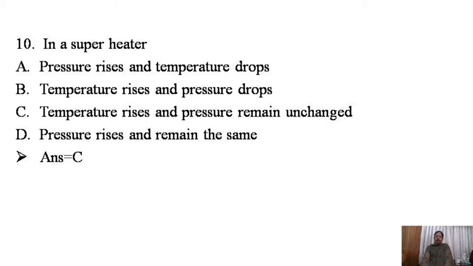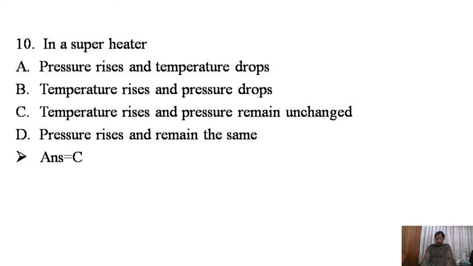Now coming to the assignment questions. First one, explain the working of a thermal power plant with a line diagram. Second one, explain with a neat sketch the general layout of the thermal power plant.